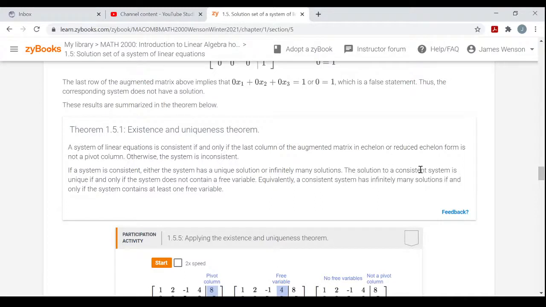The solution to a consistent system is unique if and only if the system does not contain a free variable. So if you have a system that has solutions and every variable is a basic variable, there's only going to be one solution to that system. And as you've been seeing, if there are any free variables, there will be infinitely many.